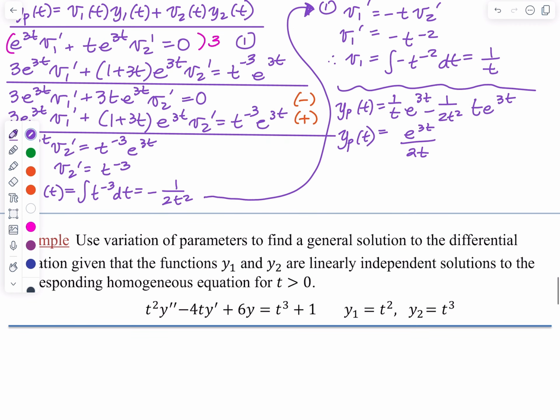So now we have our general solution, and that is, of course, going to be our particular plus our homogeneous. We're going to have to write it right over there. And that's going to be e to the 3t divided by 2t plus c1 e to the 3t plus c2 t e to the 3t.